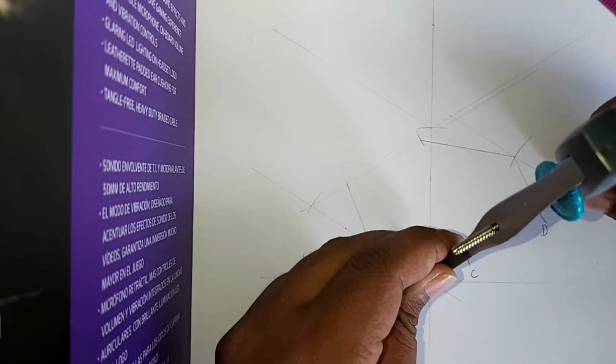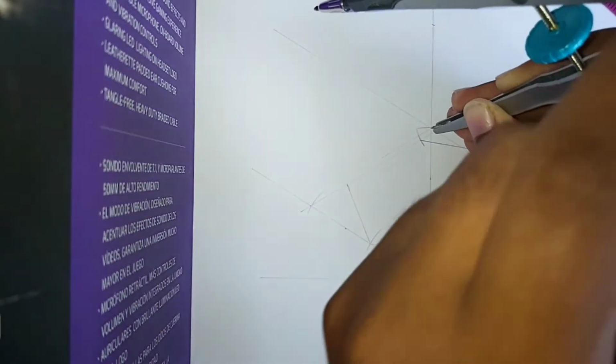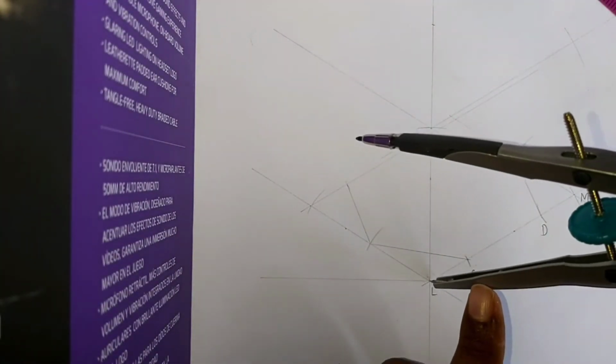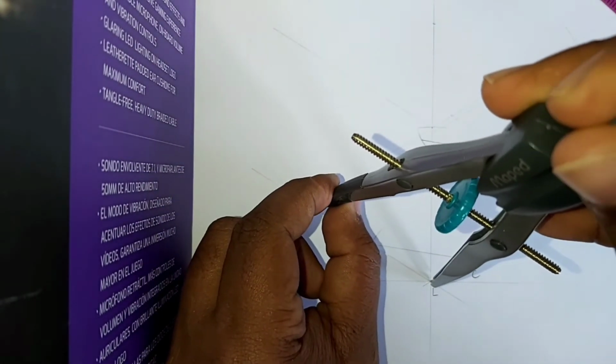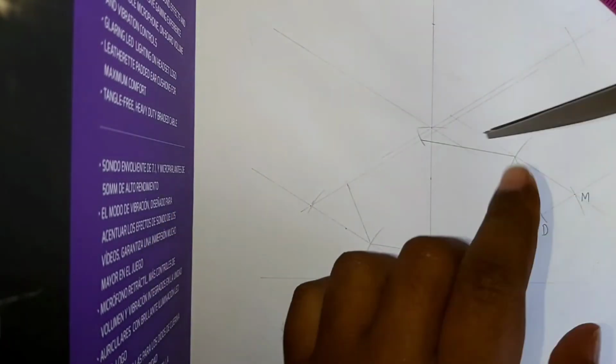Alright, so now what needs to be done is basically transferring the same measurement from the bottom rectangle to the top rectangle. So that's what you see me doing here, right? I'm transferring the measurements from the bottom rectangle to the one at the top.